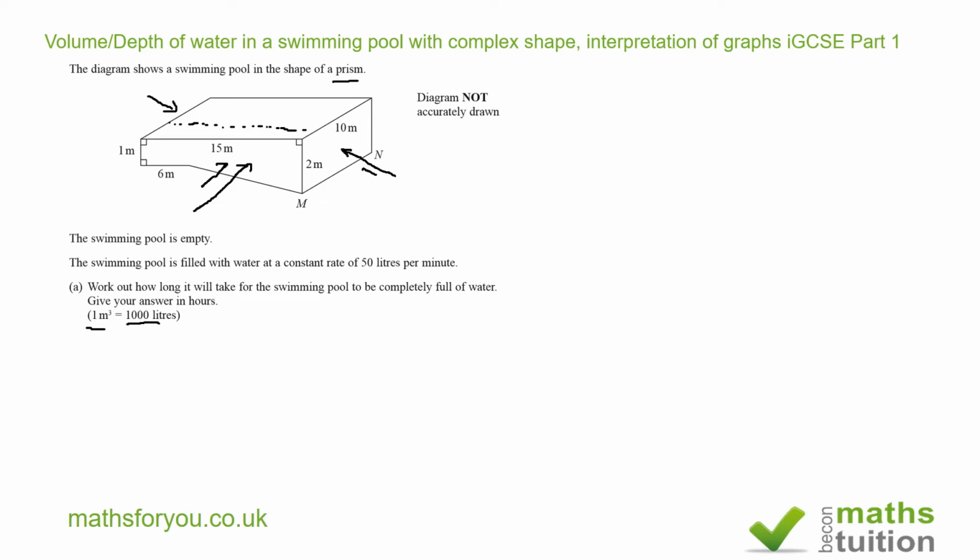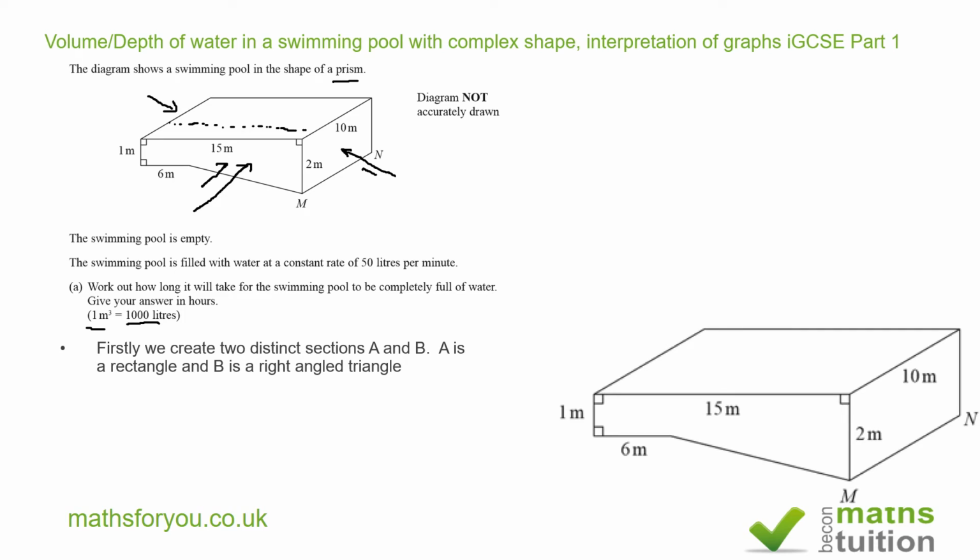Now, moving on. What I've done is to divide my swimming pool into two sections, section A and section B. Section A is a rectangle and section B is a right angled triangle. So the area of section A will be 15 times 1, which is 15 meters squared.